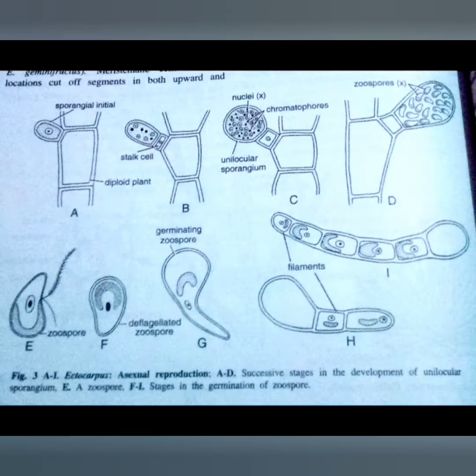Here in figure A, at the tip of the small branchlets, the terminal cell enlarges in size and becomes the sporangial initial. So this is the sporangial initial, which will develop at the tip of the small branchlet.